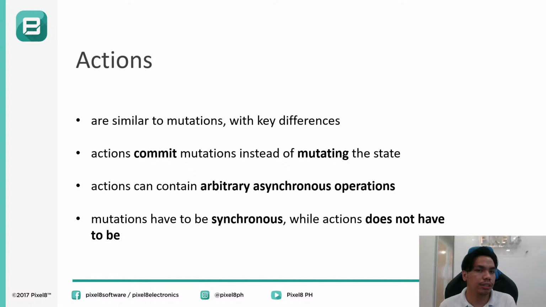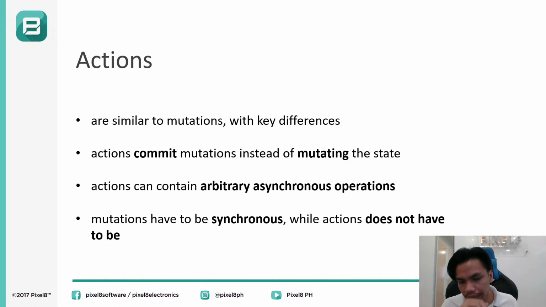Next, we have actions. You will notice that actions are similar to mutations, but there are key differences. One of them is that actions commit mutations instead of mutating the state. Again, actions commit mutations instead of mutating the state. What does that mean?